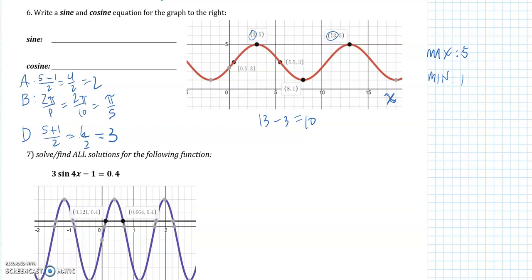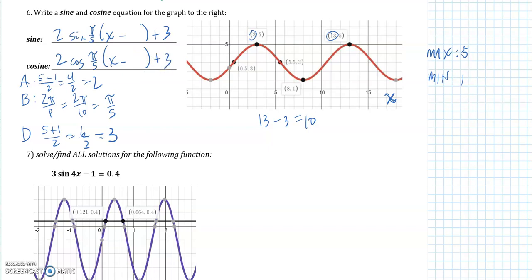As I'm writing these functions, I'm going to put D at the end, so I'm going to do 2 sine pi over 5 x minus whatever c is plus 3, and 2 cosine pi over 5 x minus c plus 3. So let's start with sine.